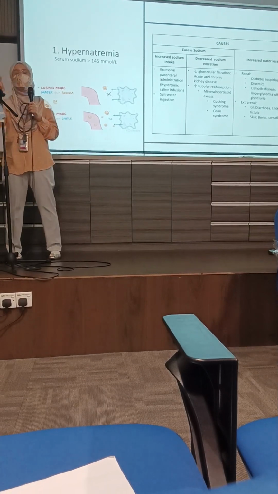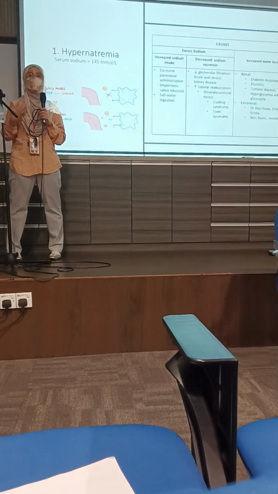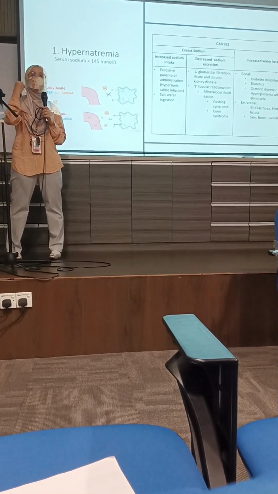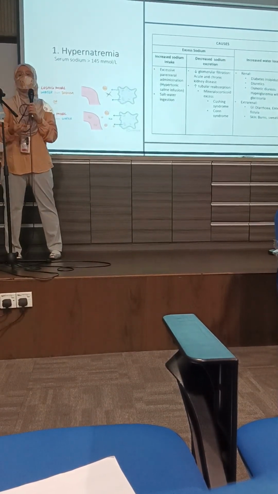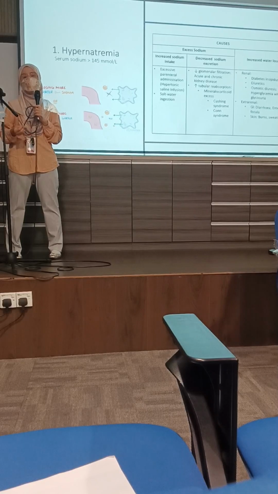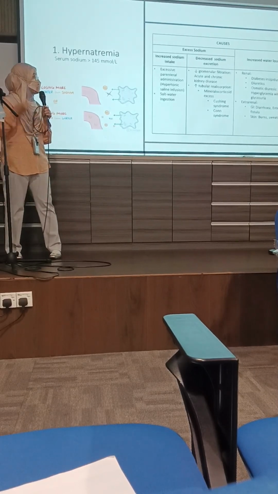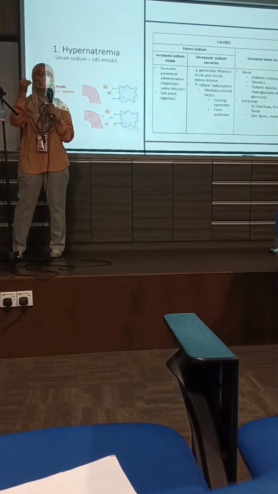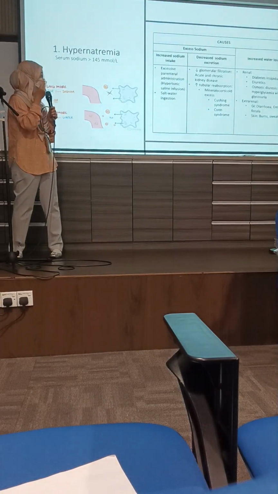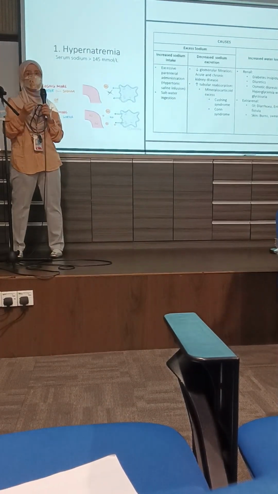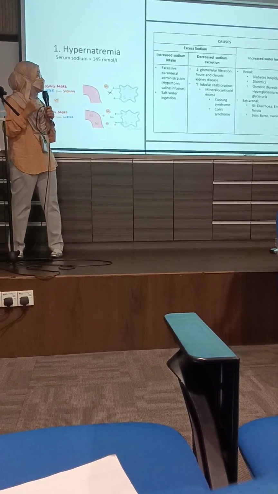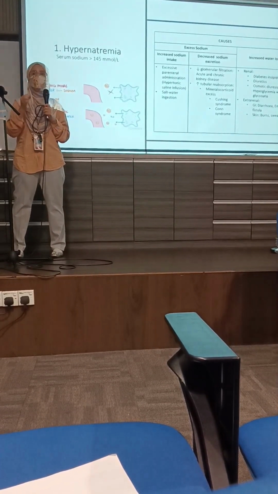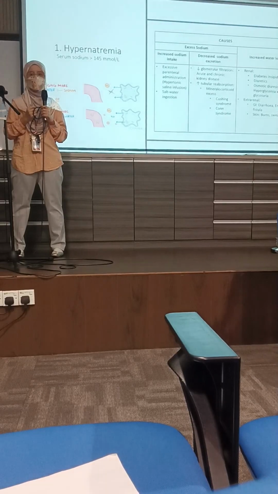And how else will sodium increase? When you cannot excrete the sodium, and that is from a kidney problem. In acute or chronic kidney disease, the kidney is unable to excrete sodium, so sodium is retained in the body. The other thing is increased tubular reabsorption.